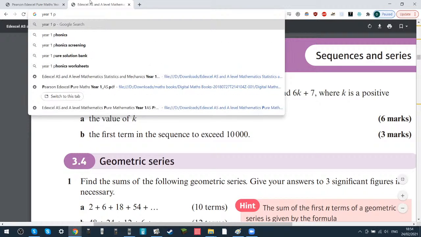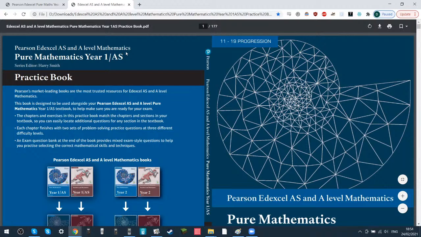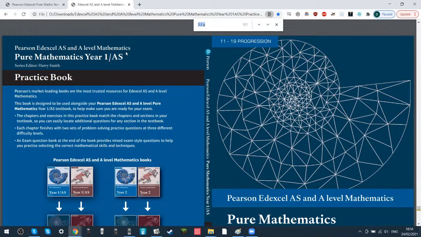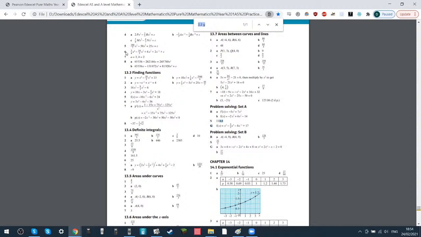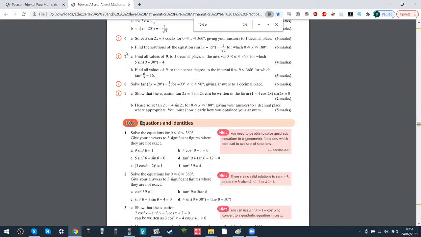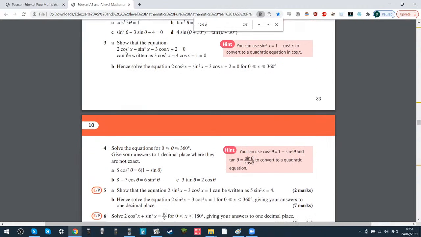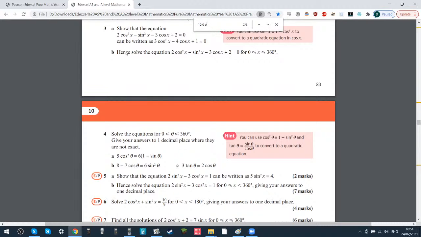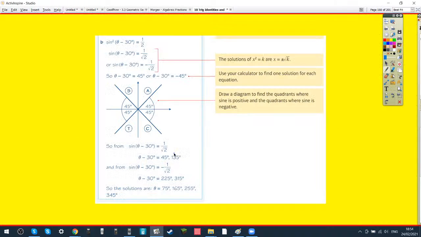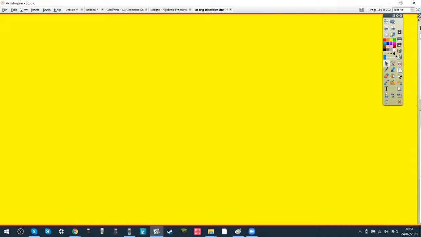Year 1 pure. Did that not work? 3.3. No. 10.6 E. Let's see. I'll just make one up myself. Okay, hang on. Do it here.